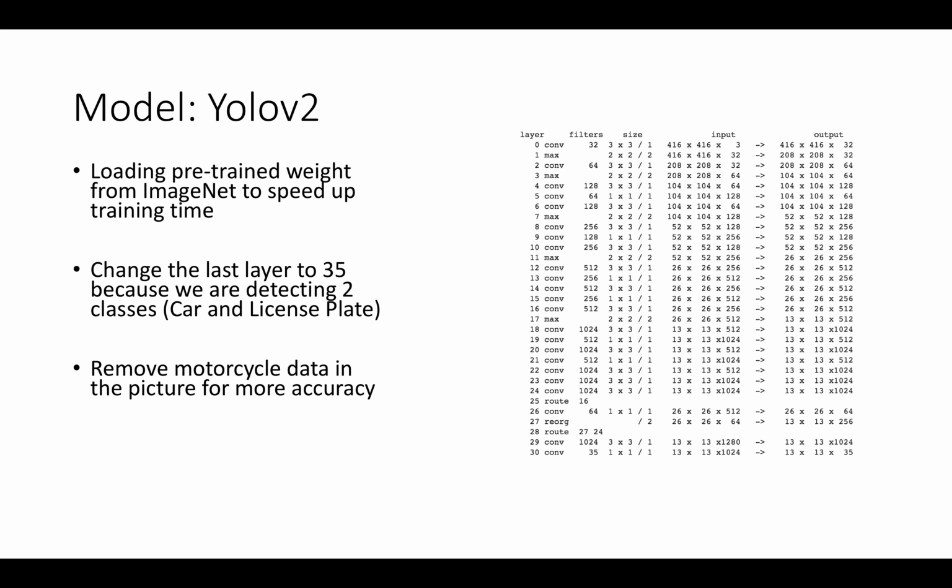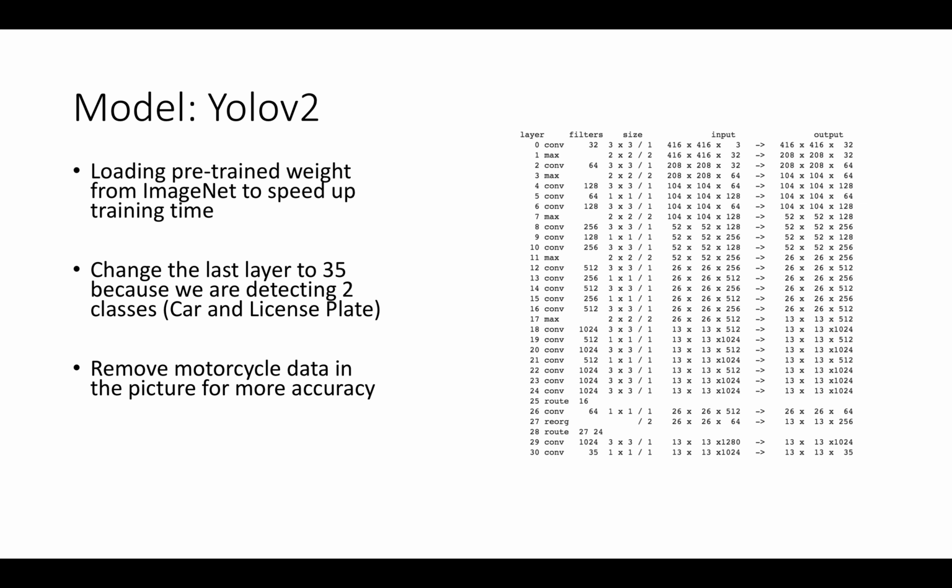Here's the full architecture of our YOLO V2 network. We changed the last layer to 35 because we are detecting two classes, which is cars and license plate, instead of the original 425 for 80 classes.